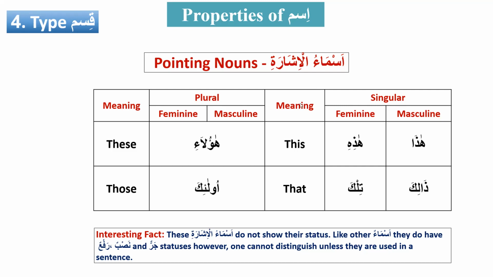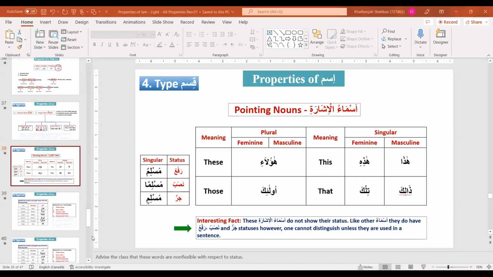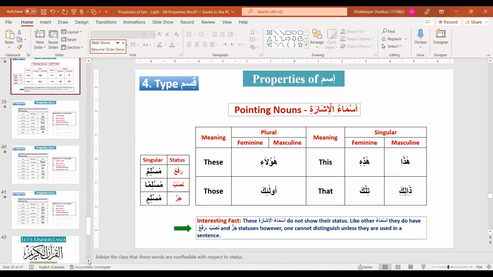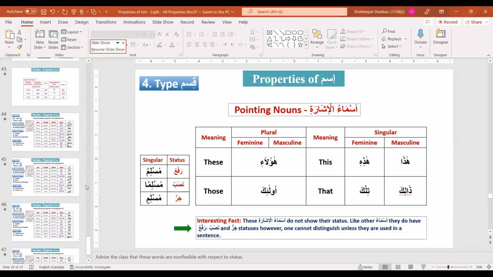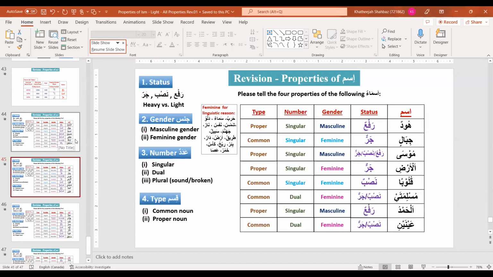So today, inshallah, we will go back to what we did last time. If you remember, I showed you a table and I was asking to do the same thing.